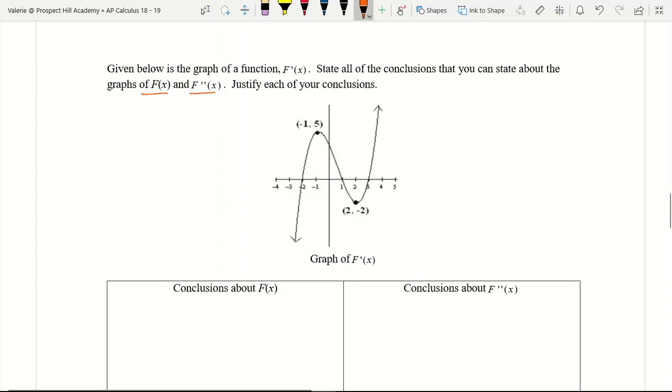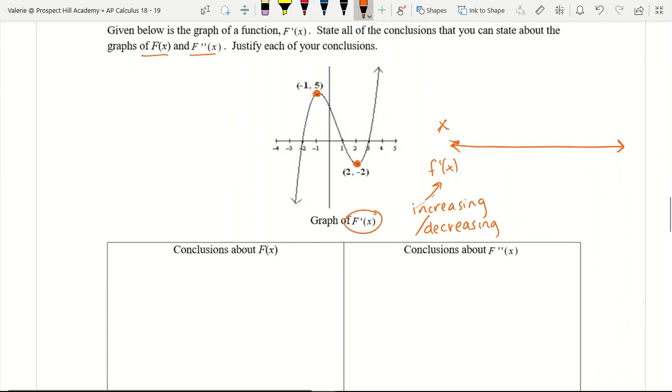Okay, so looking at f prime of x, we know that its sign analysis for f prime of x will tell us increasing and decreasing for f of x. But also, we know that maximums and minimums of f prime of x will tell us some information about our second derivative.